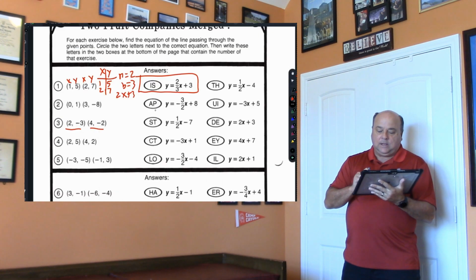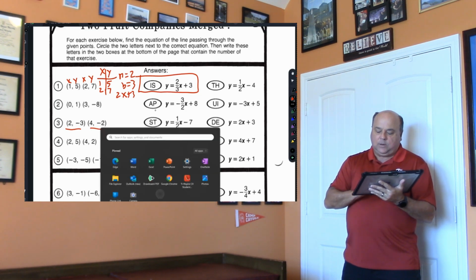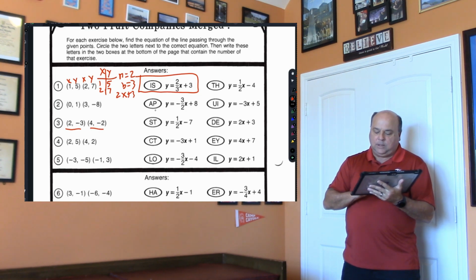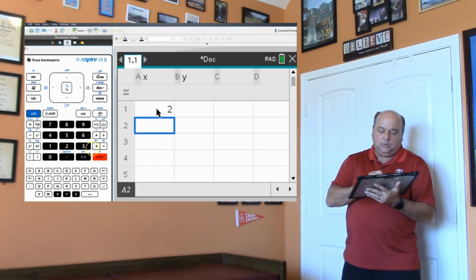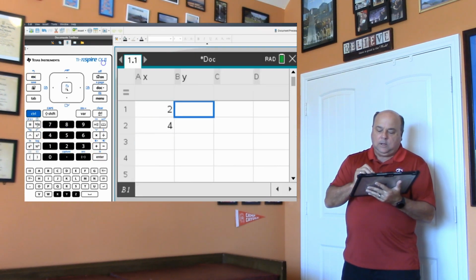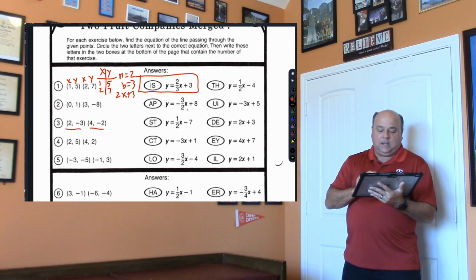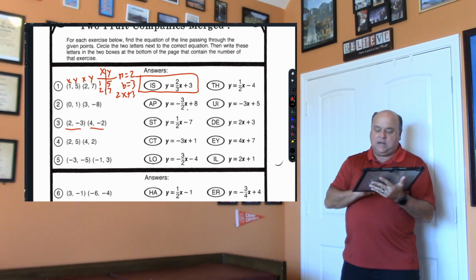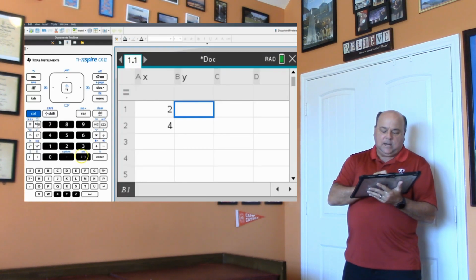So I need 2 and 4 and -3 and -2. So let me put 2 and 4 in first. 2 enter, 4 enter. And then I'm going to go over here, and then I'm going to get my y's. My y's are -3 and -2. So -3, enter, -2, enter.